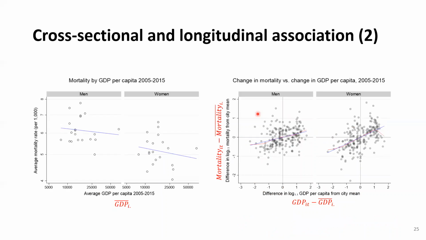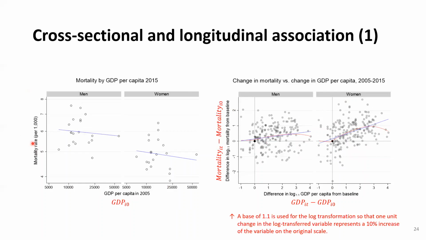Next one is a similar plot, but the difference is that in this graph I looked at the average GDP across these 10 years versus the average mortality rate in this period between 2005 and 2015.